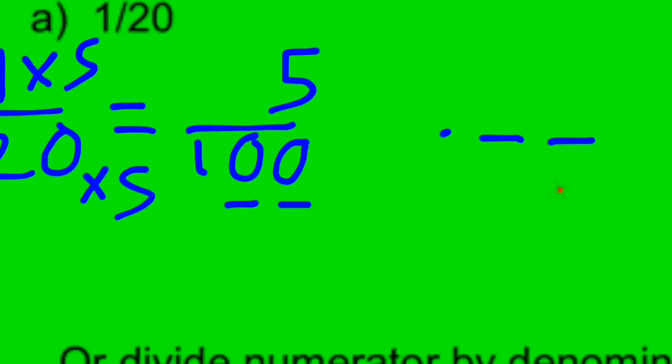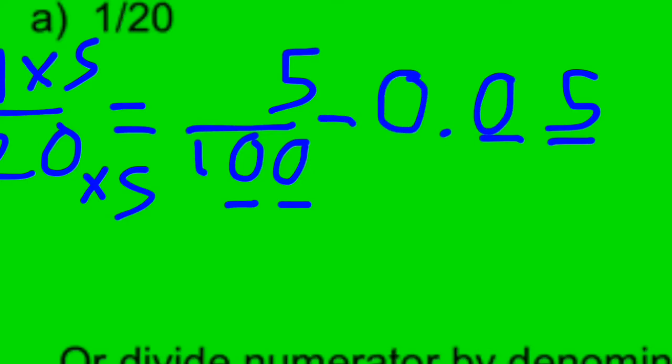This place value is the hundredths. So I'm going to place a 5 in the hundredths spot, a 0 placeholder in the tenths spot, and a 0 placeholder in the ones spot. That decimal is 5 hundredths. That's an example of how we convert a fraction into a decimal using equivalent fractions.